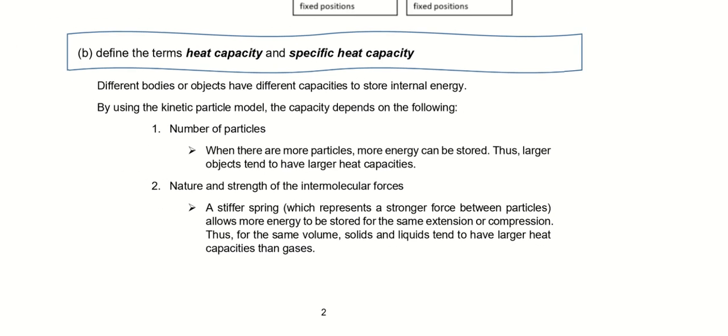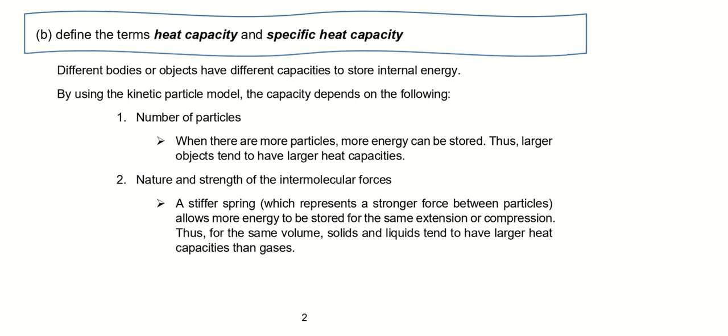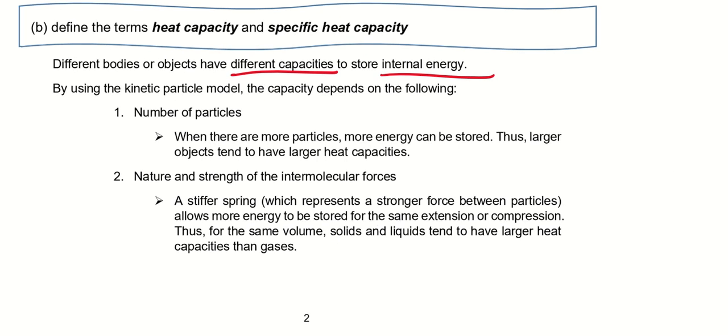Heat capacity and specific heat capacity. Different bodies or objects have different capacities to store internal energy. By using the kinetic particle model, the capacity depends on the following. First is the number of particles. If I have more particles, definitely they will be able to store more internal energy, right?